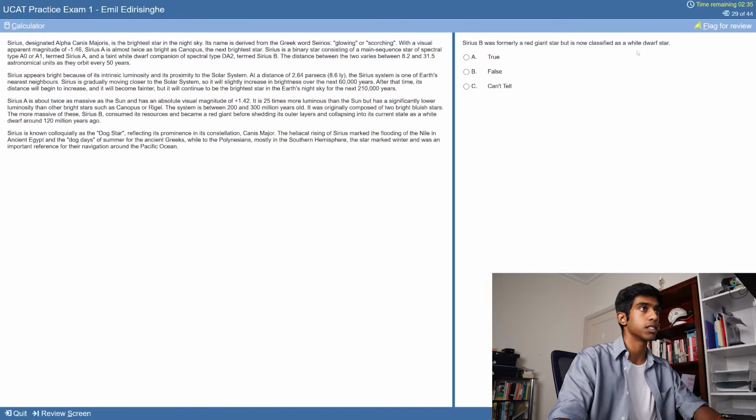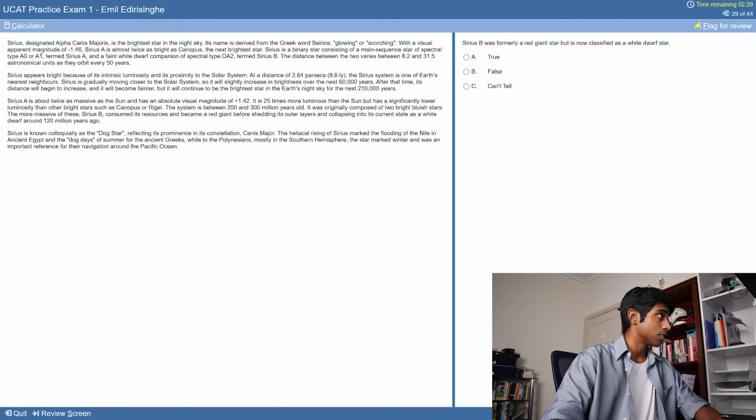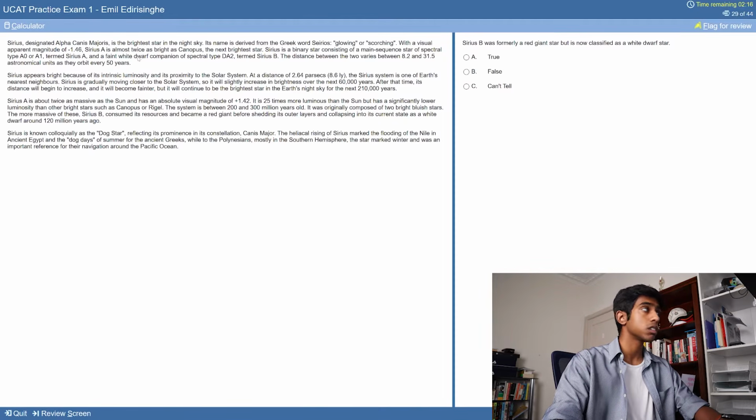Sirius B was formerly a red giant star, but is now classified as a white dwarf star. Sirius B. Okay.